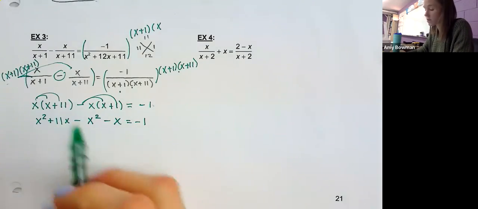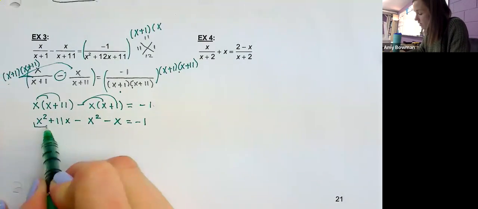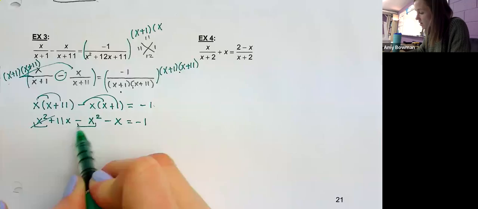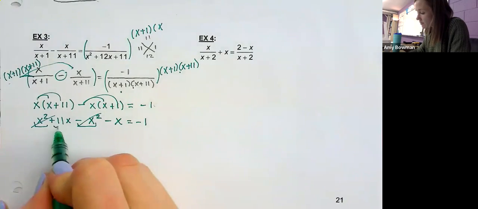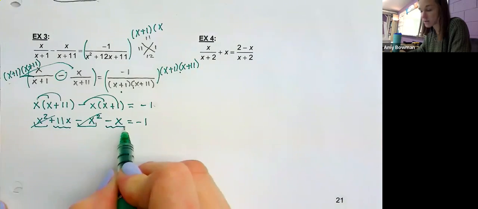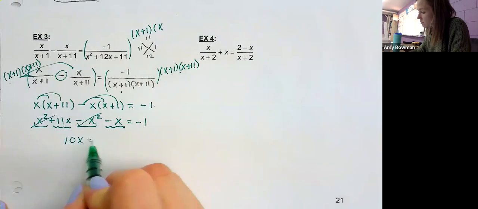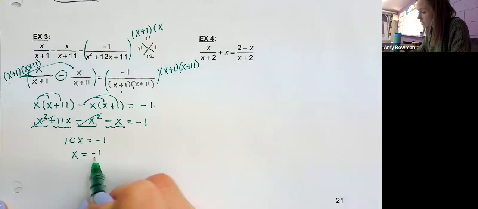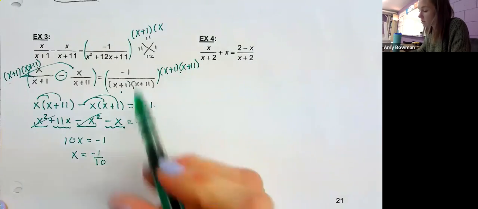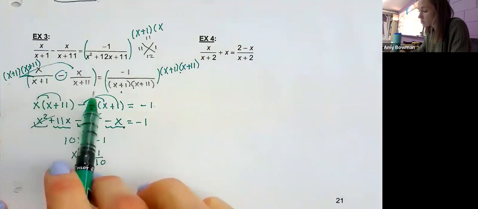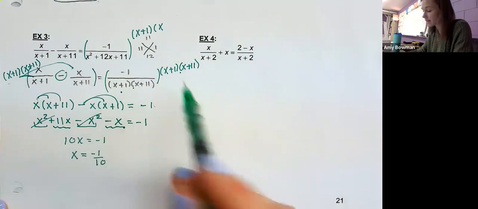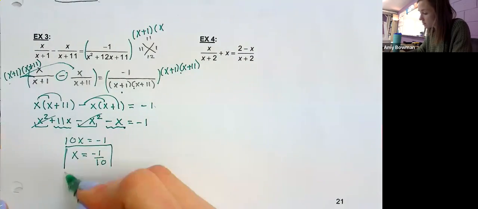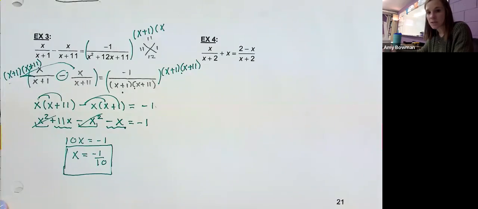So this is convenient because the x squared minus x squared, so that's gone. And then I have 11x minus 1x, so that's 10x equals -1. X equals -1/10. And then again, just do a quick check. Make sure -1/10 is not a restriction. Our restrictions are -1 and -11. So that works. So that's it.